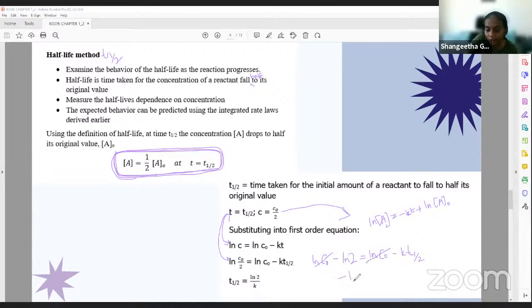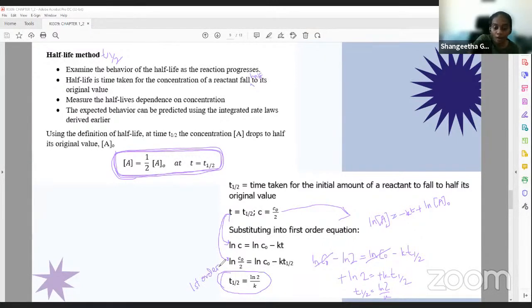You are left with negative ln 2 equals negative k t half. So you solve this, then your t half equals ln 2 over k. Now this expression is unique to first order.